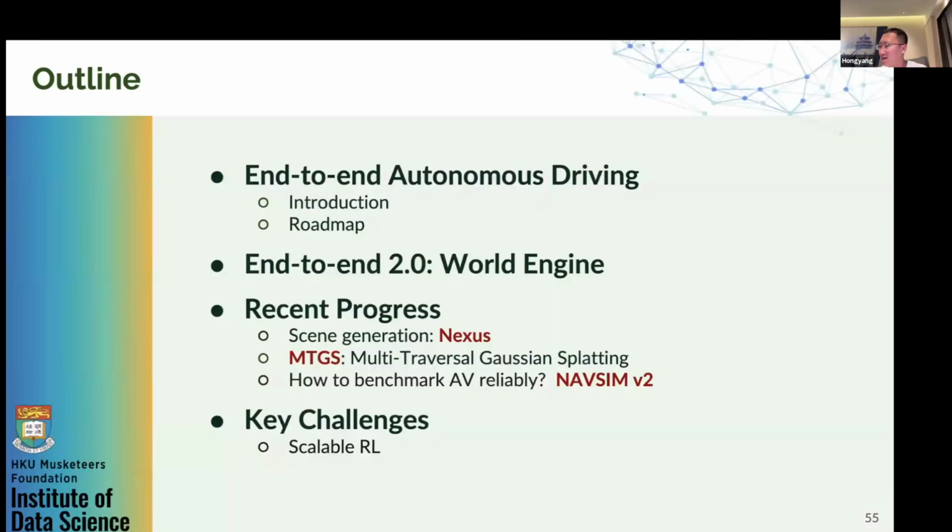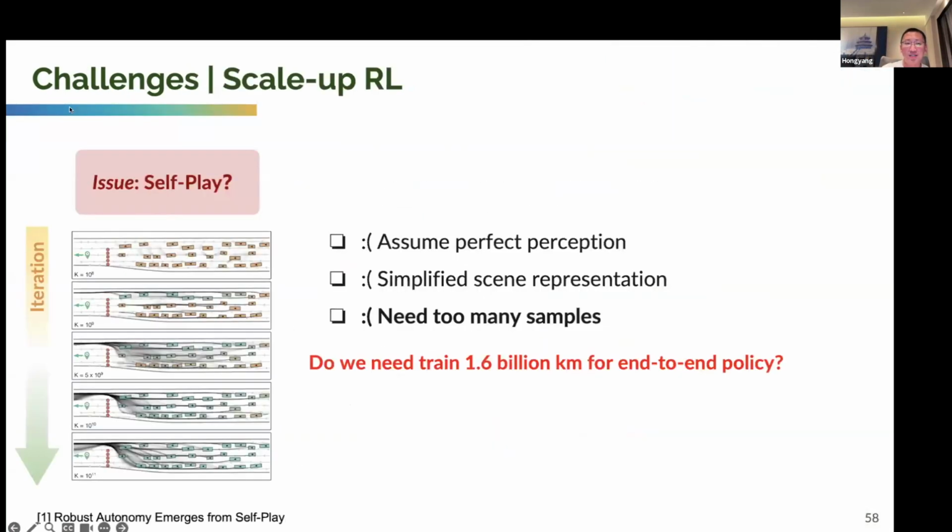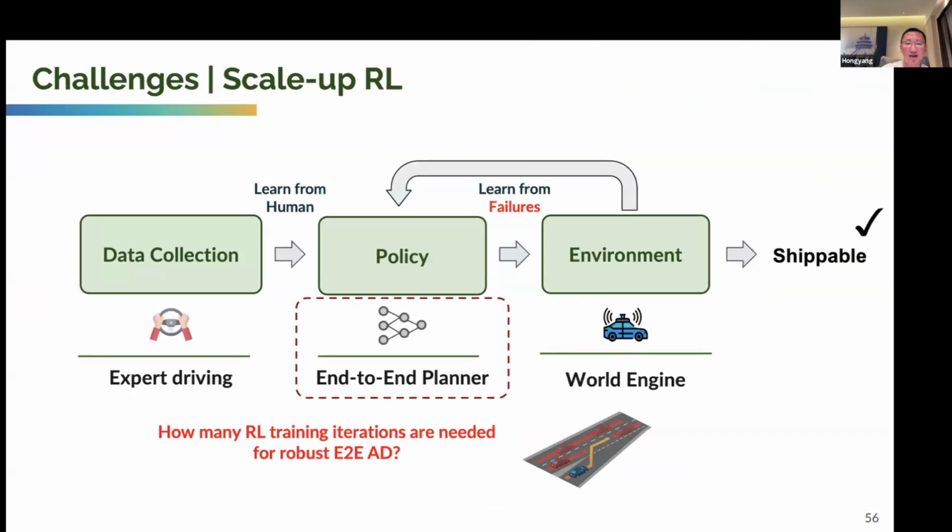Okay, the last part, I still have 5 minutes. The key challenges: here I want to list just one, which is about reinforcement learning, RL, because I really think the end-to-end realm deals with large-scale data.